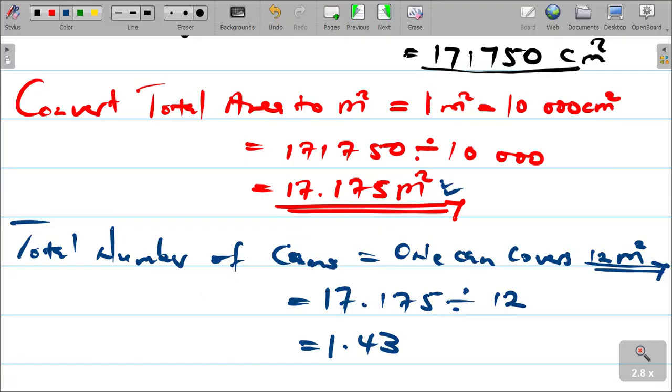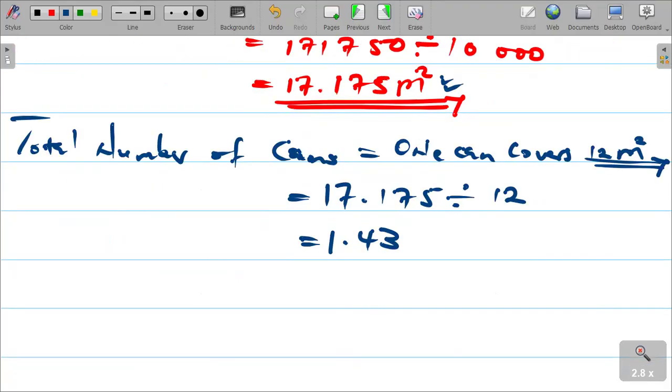Now what we need to know is that paint cans cannot be bought or sold in fractions.